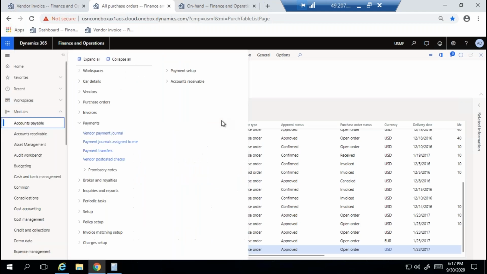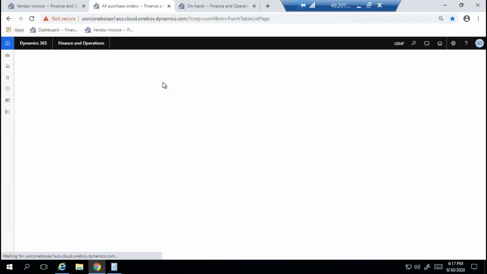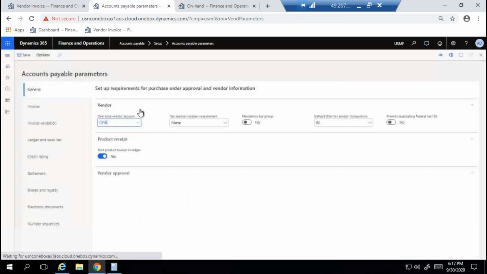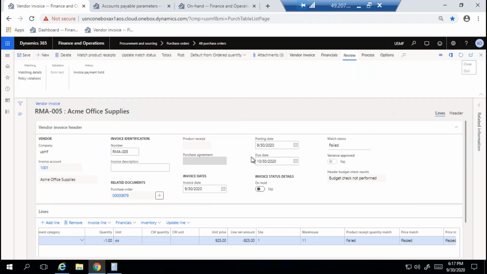Otherwise, it is not required. If three-way matching is enabled, as I told you, product receipt is mandatory. I have made it like two-way matching. Okay, then it will not create problems.